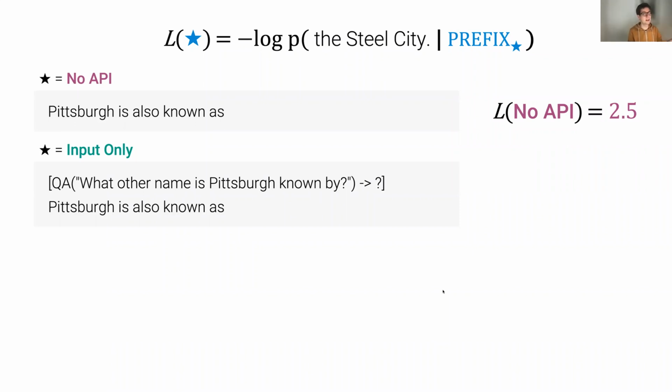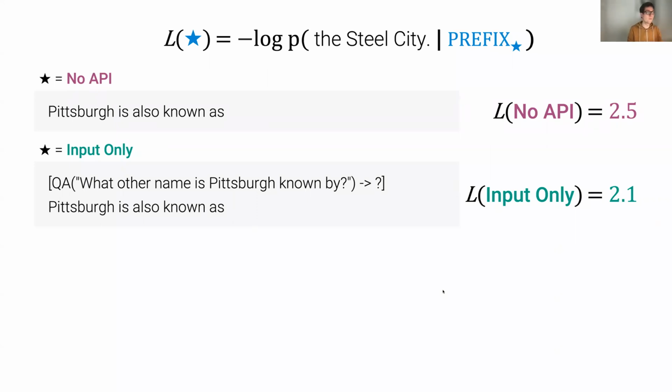And again, we use that to compute our loss. We compute the probability of the Steel City. And in that case, for example, we might get a slightly lower loss of 2.1, simply because of course, language models are very sensitive to the exact input. So even though there's no additional information, we might have some variance in the loss. It might get a bit lower, might get a bit higher. So this is something that we should be aware of.